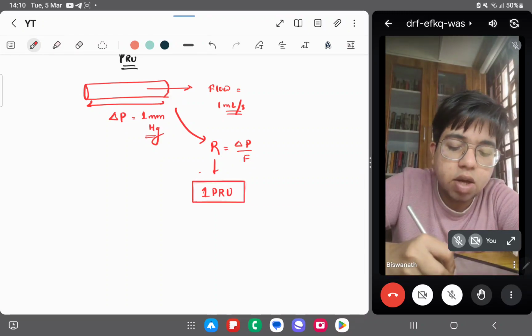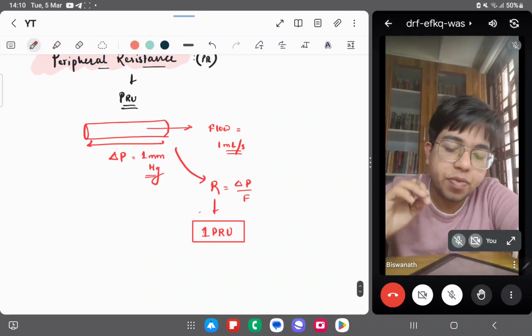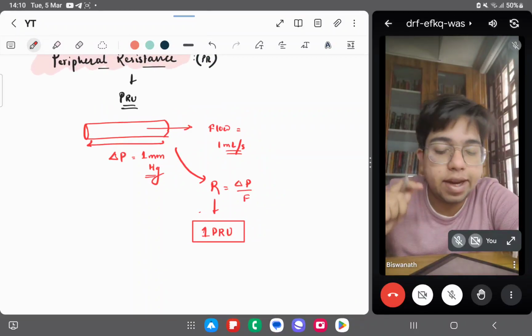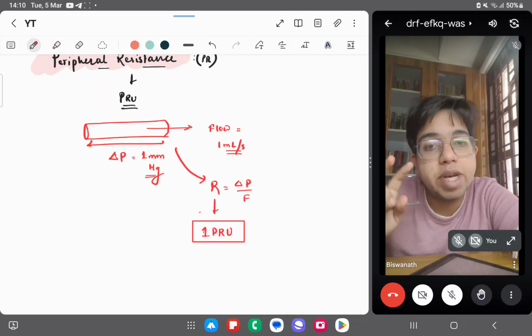So 1 PRU is the resistance offered to the flow of blood when the blood is flowing at a rate of 1 ml per second with a pressure gradient of 1 mmHg.